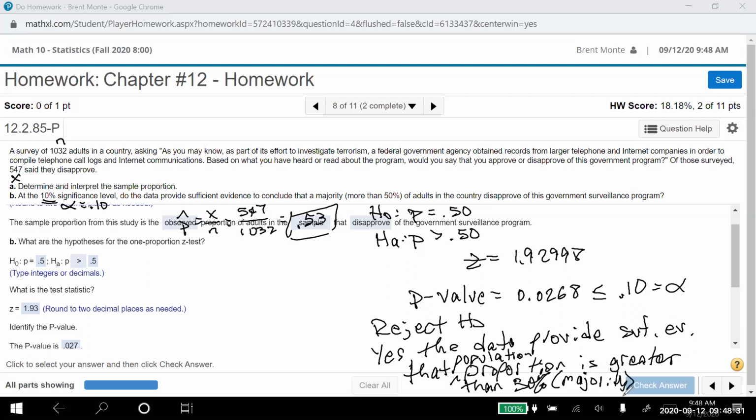So that's the idea there. So let's see how they word everything.